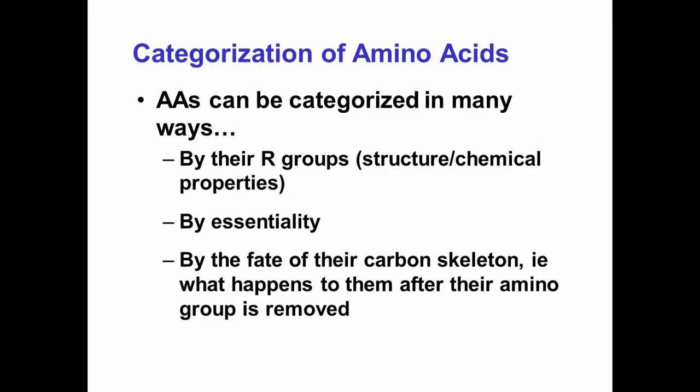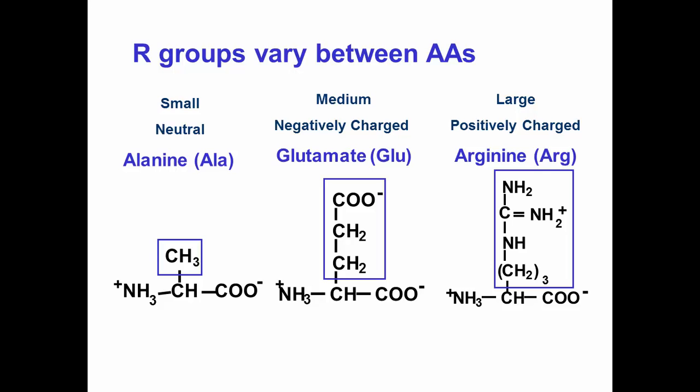Still essential, okay. That was something that I think people tried to change, and maybe it never went anywhere. So I'll use essential and non-essential as well. The third way is by the fate of their carbon skeleton. I'll get to this, but it's either glucogenic or ketogenic is the terminology we'll use. And I'll get back to that.